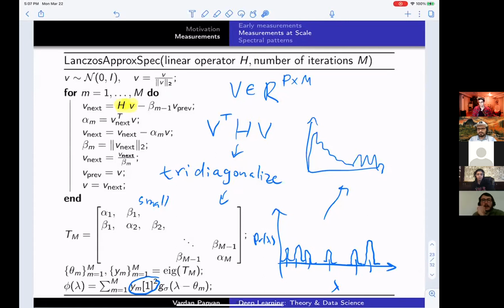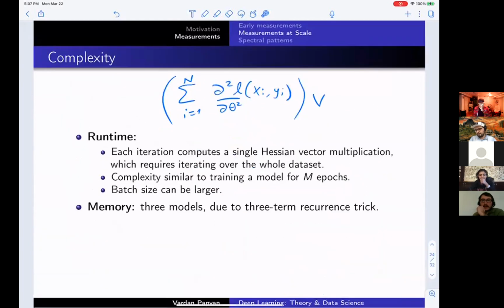On the next slide, you said you have to sum over the entire data set. Could you just sum over a mini batch and take that as an approximation to the full value? No. Because a mini batch is going to have a very small number of eigenvalues associated with it.